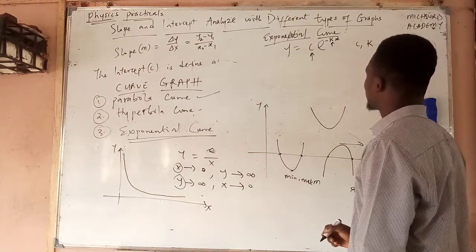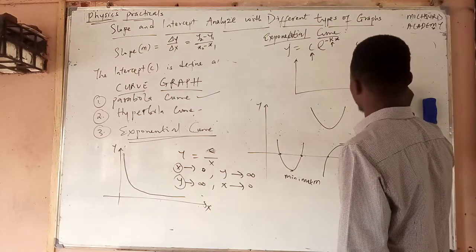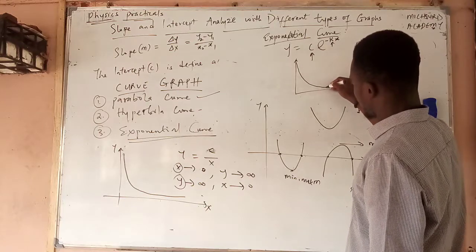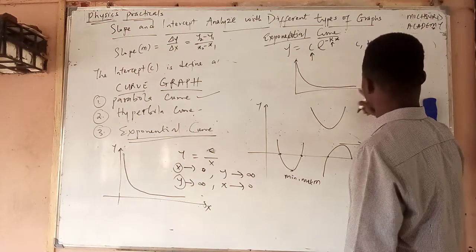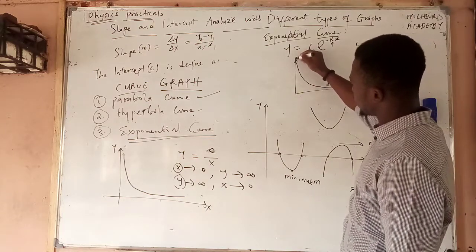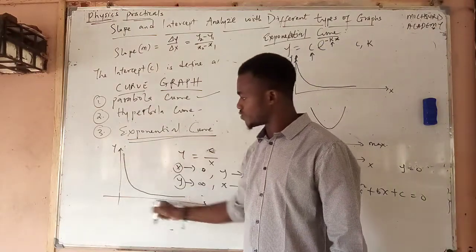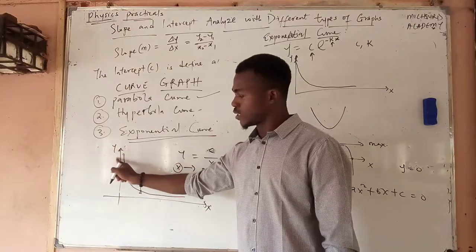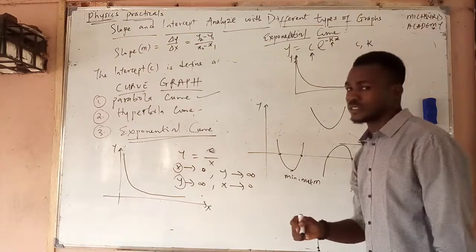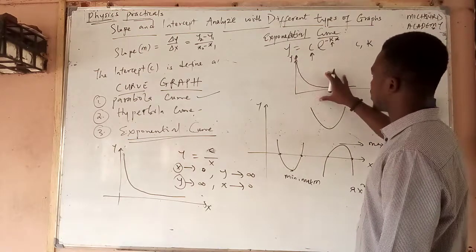So if we look at this very well, it will give us a graph that will be of this nature, such that it will cut the y-axis and it will tend to cut the x-axis. So we have it this way. It's quite different from this one here. Here we have the graph in this form. It did not cut the y-axis, but here we have it cut the y-axis. Okay. So in this kind of graph, we call it the exponential type of graph.